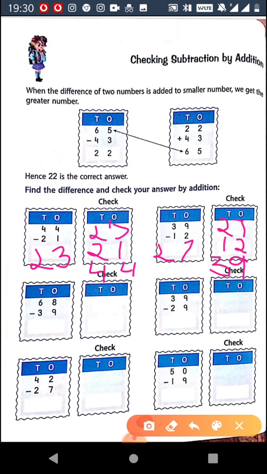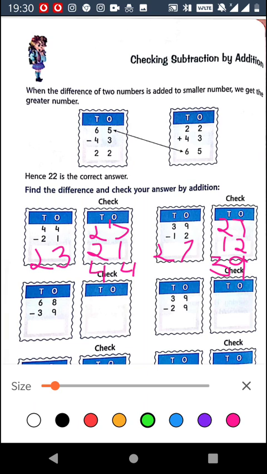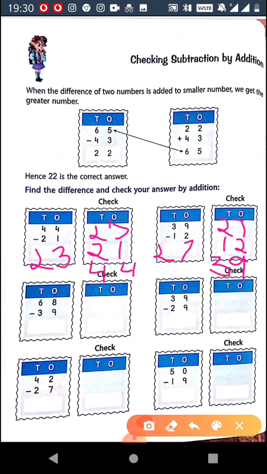Now next is 68 minus 39. Can you subtract 9 from 8? 8 is smaller than 9. We cannot subtract 9 from 8. So what do we do? We borrow 10 from the tens place. We will regroup tens.